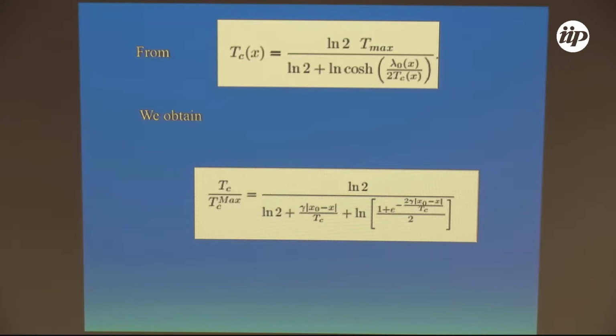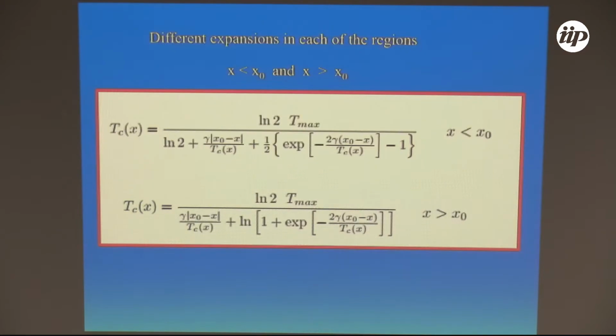In the case of LSCO, we have this modulus here, which conveys the fact that it's symmetric. But in the case of bismuth and mercury, we have different expressions on the left and on the right.